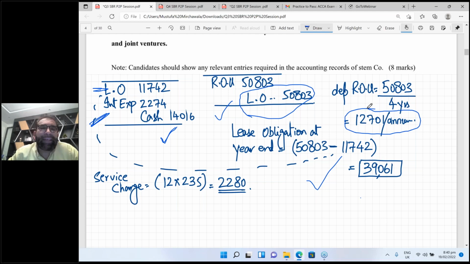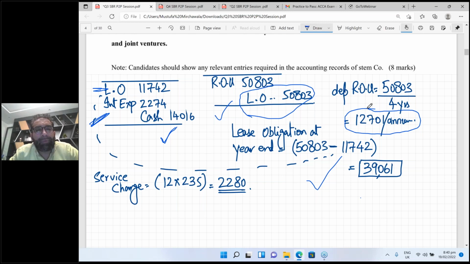So 50803 less 12701 will give you the year-end carrying value or net book value. Almost all the SOFP and income statement figures are in front of your screen.